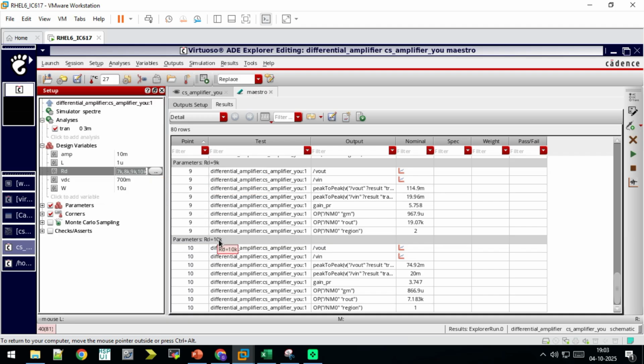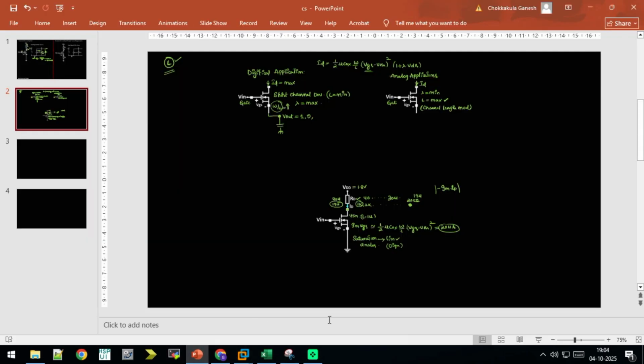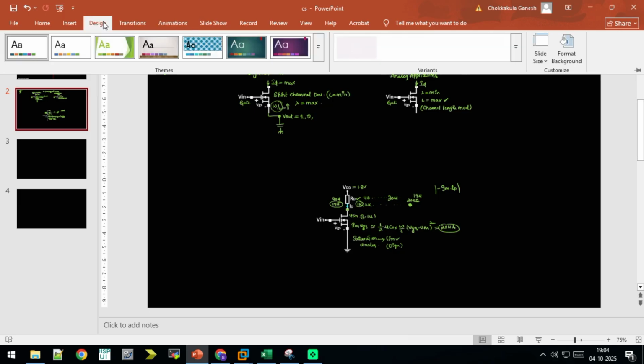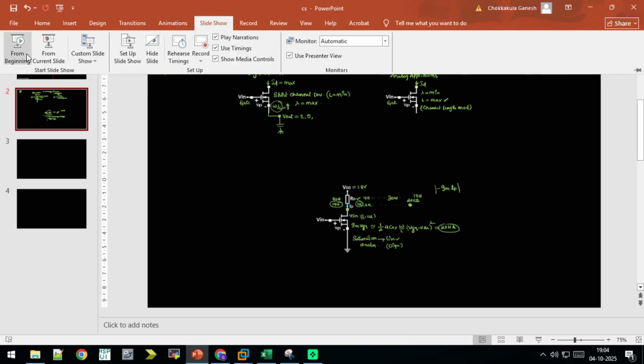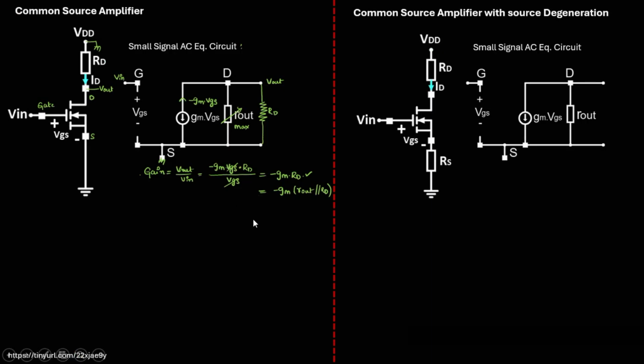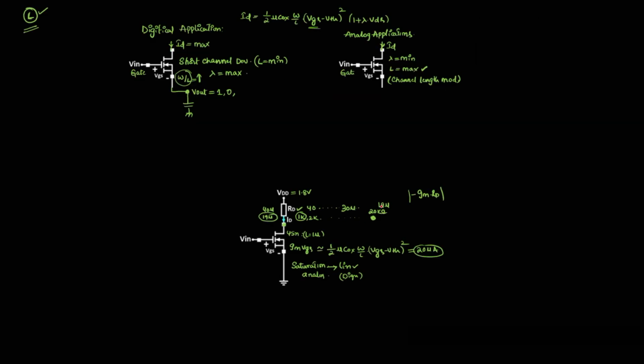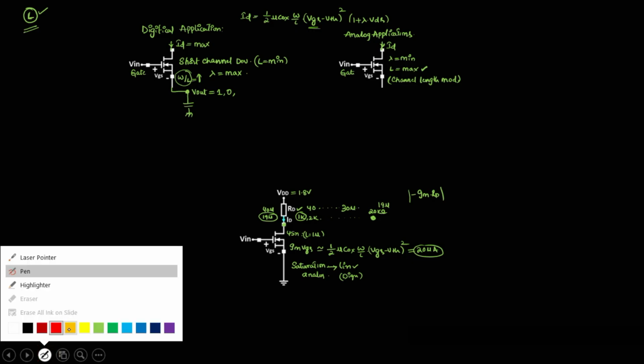If you want to keep a load resistance of 10 kilo ohm, what we have to do is, as already discussed. So when we simulate, we got the maximum value of the load resistance.